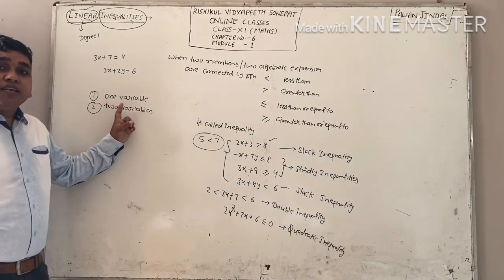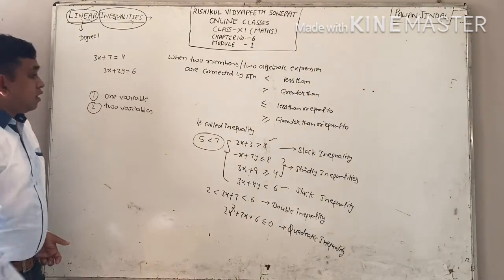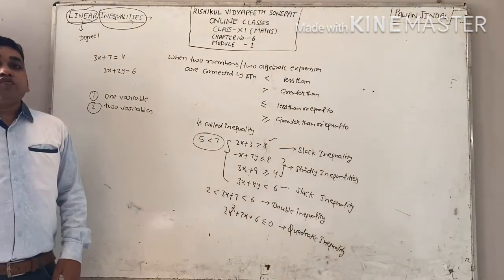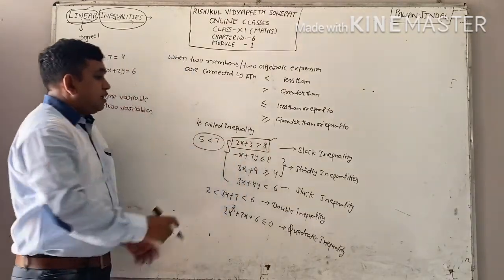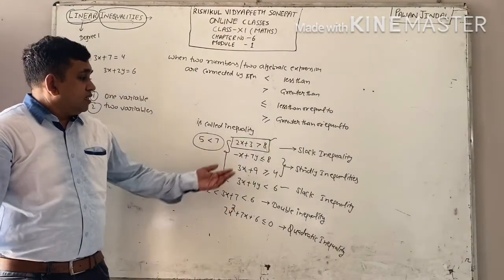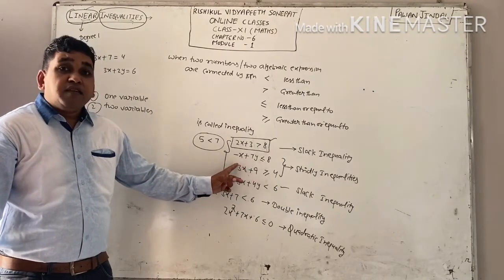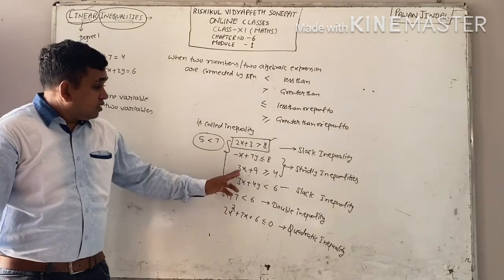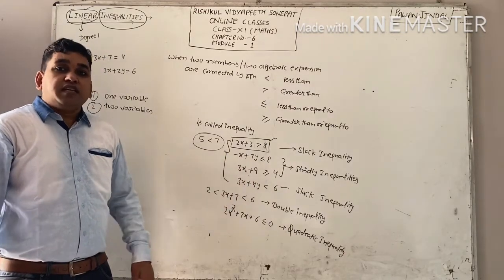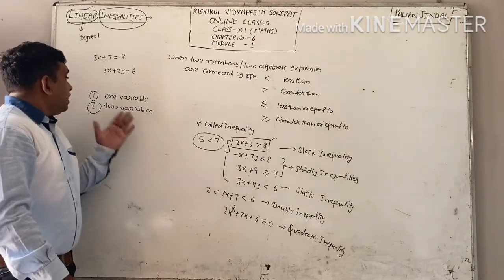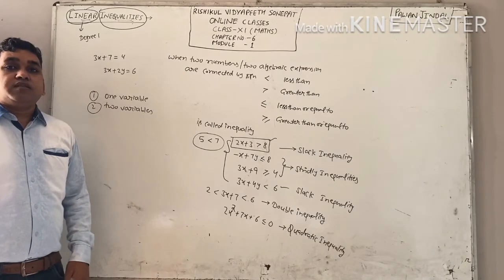Now, see what are the examples of linear inequality. This is the example of linear inequality in one variable. Here variable is x. This is also the example of linear inequality. Here we are having two variables. This is also linear inequality, means where highest power is 1, that is called your linear.